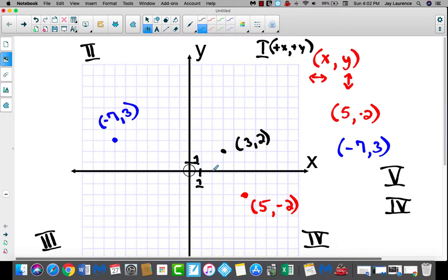Because I'd go 2 in the x direction and then 3 in the y direction. It's not the same thing. All right, the second quadrant, the x coordinate is always negative. The y coordinate is always positive. If I'm in the third quadrant, they're both negative. Okay, and in the fourth quadrant, x is positive, but y is negative.